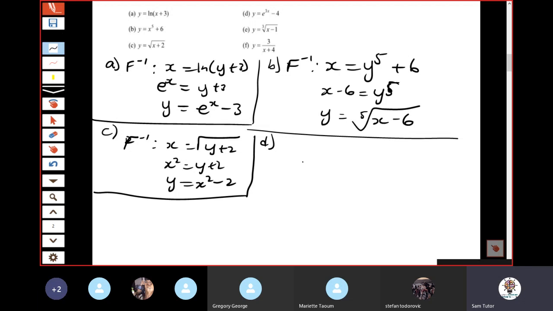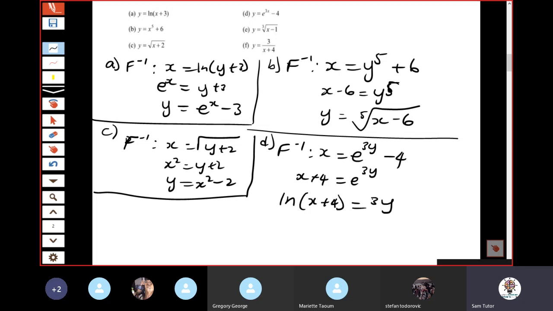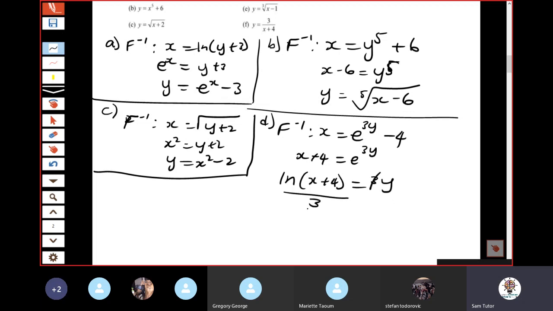D becomes x equals e to the power of 3y minus 4. We plus the 4. We're going to log both sides this time to get rid of the e. And then, of course, divide by 3. Let me know if you want me to go through anything.